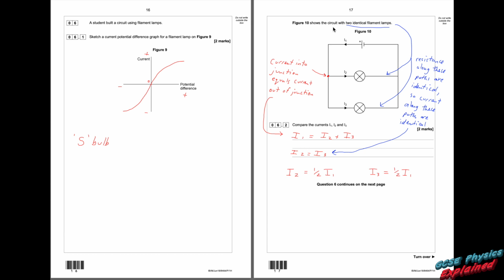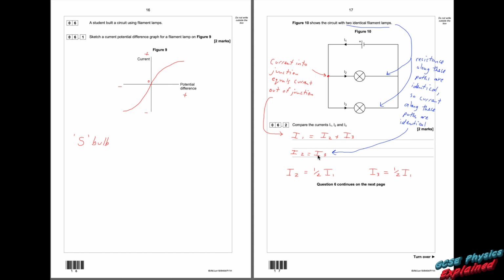Figure 10 shows the circuit with 2 identical filament lamps. Compare the currents I1, I2 and I3. Okay, well, if they are 2 identical filament lamps, that means that the resistance along these paths are going to be identical. So that means that the current along these paths are going to be identical. So I2 is going to be the same size as I3.